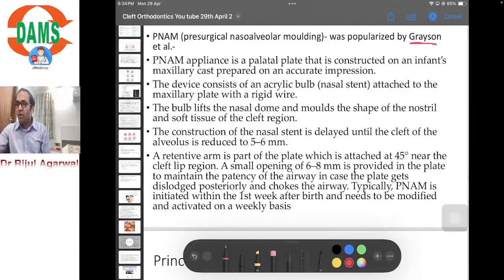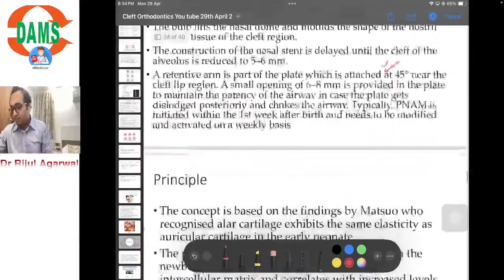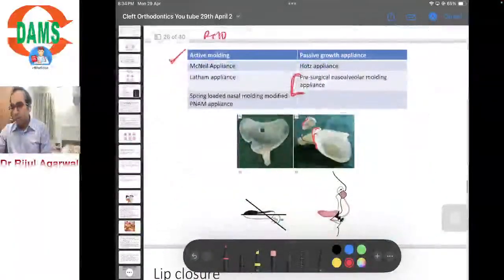It lifts the nasal dome and molds the shape of the nostril and soft tissue of the cleft region. The construction of the nasal stent is delayed until the cleft of the alveolus is reduced to 5 to 6 mm. It is attached at a 45-degree angle in the cleft lip region. Please note there is a small opening provided in the plate to maintain the patency of the airway in case the patient swallows the plate. So this is the PNAM appliance.